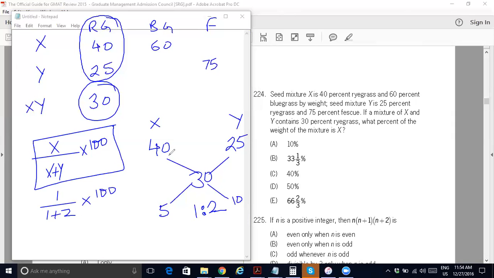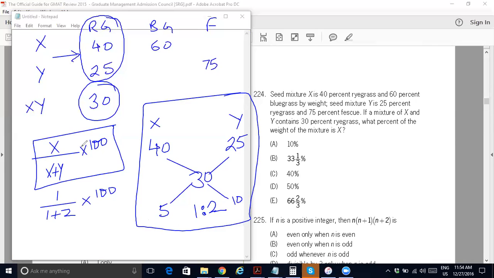But you understood this part? Yeah, it's that realization that ryegrass is the one that will help us get to the weight. Once you identify this, then the question is nothing. Yes, this is why I'm focusing more on this part. So understanding should be clear.